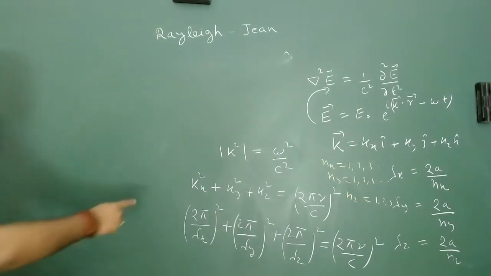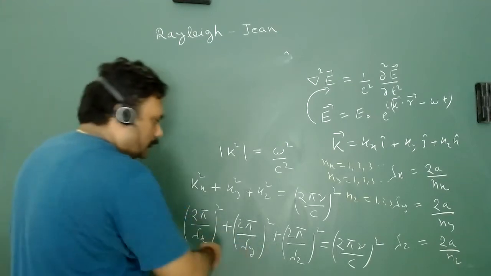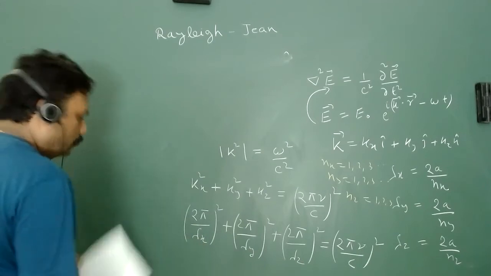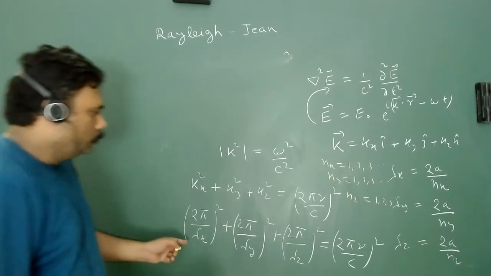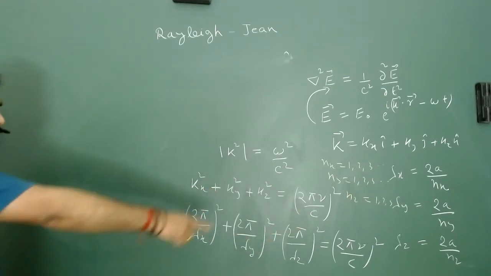So if we put everything here, the 2 pi square cancels out in this equation, and nx, ny, nz go to the denominator, and the 2a square goes to the 4a square on that side.